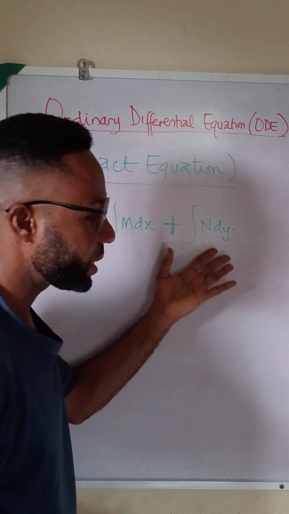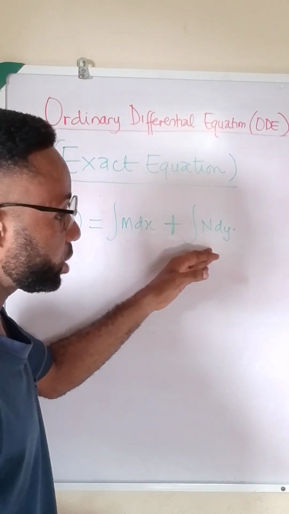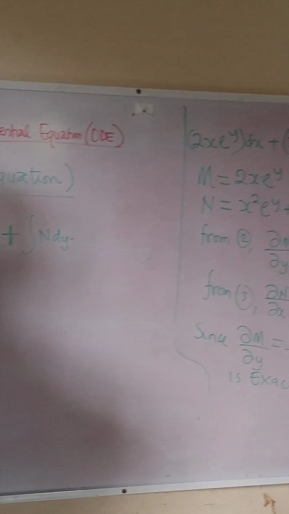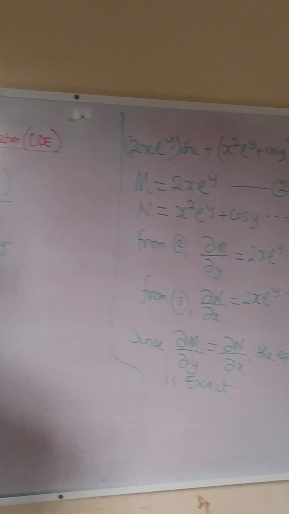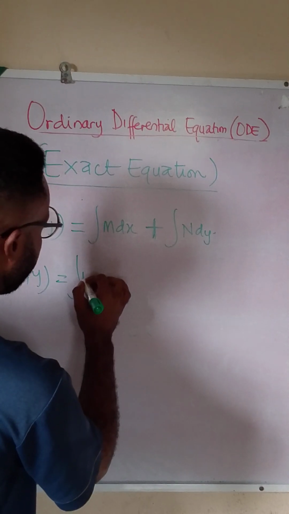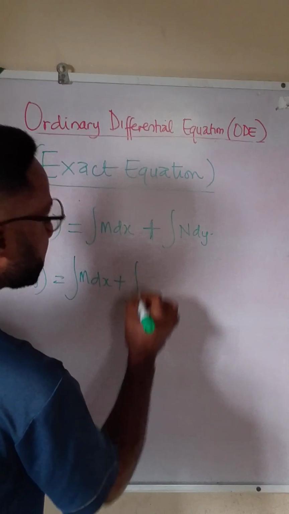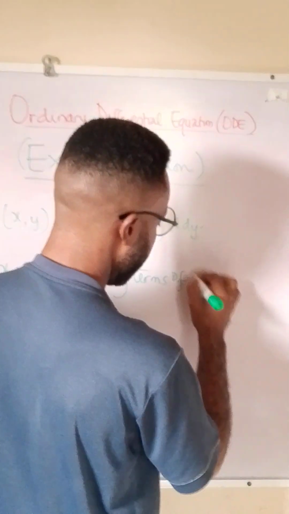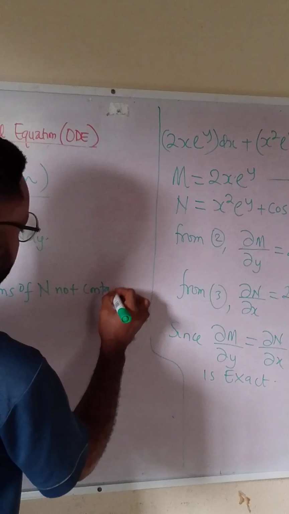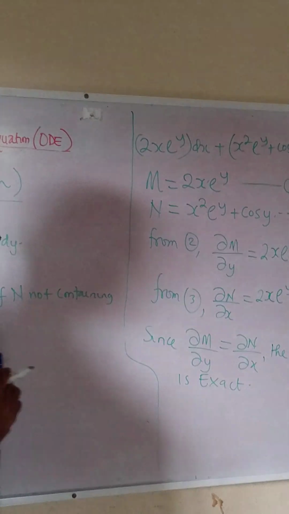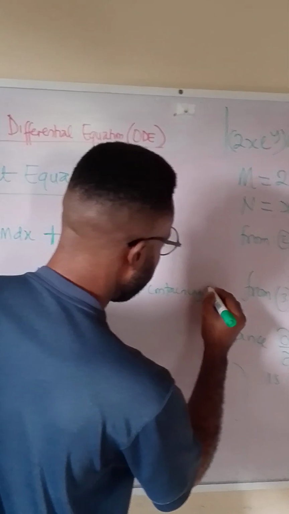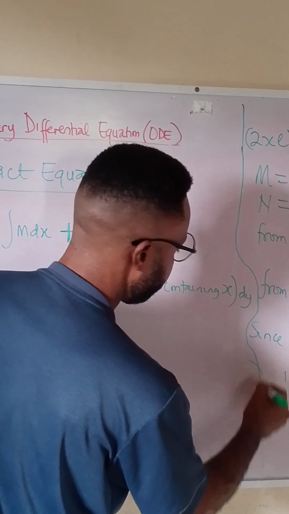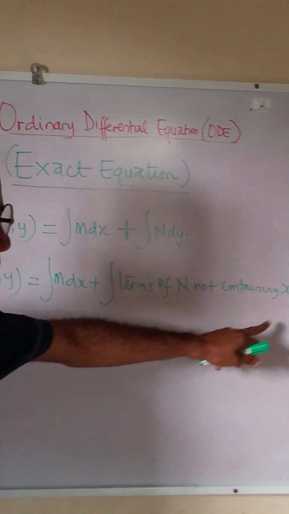So in order to expand this, we have to expand this formula to have it this way: f of x comma y will be equal to the integral of M dx plus the integral of terms of N not containing x, dy.